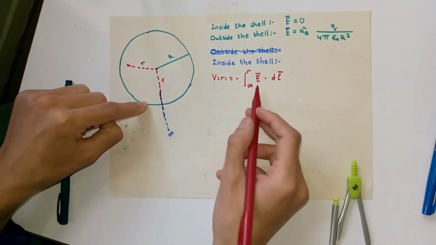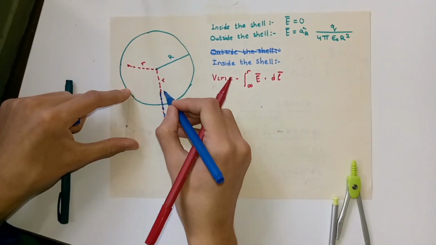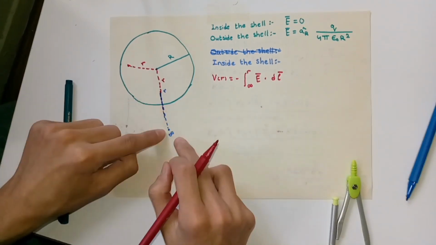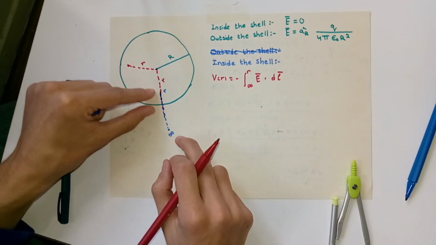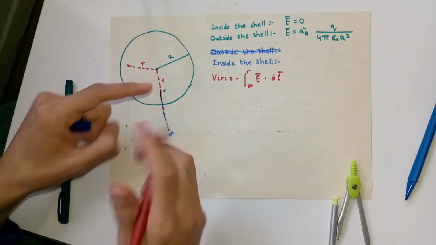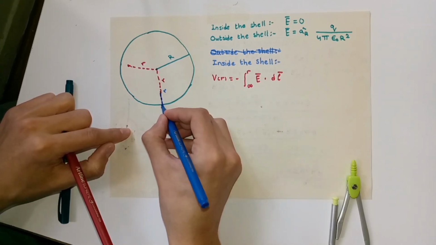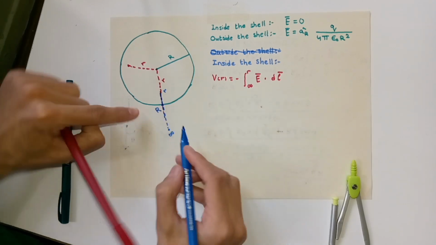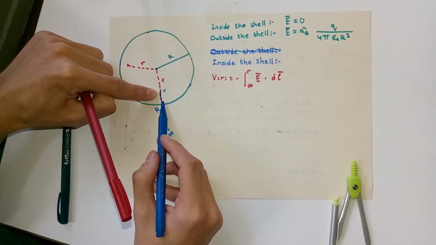Okay, now we see that the problem is in this path between r and infinity, the electric field is going to be varying along this path. Between r and the radius of this sphere, which is R with uppercase, it is going to be 0, as the electric field inside the shell is going to be 0.